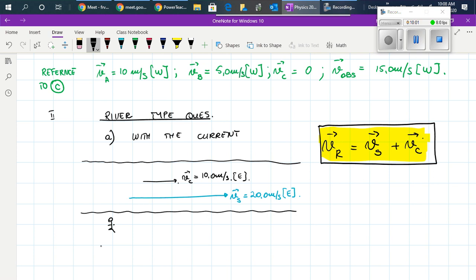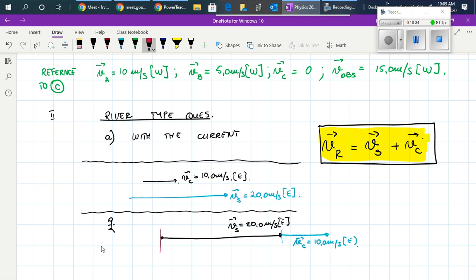Now, graphically, in this case, we will have a velocity of the swimmer that is 20 meters per second east, plus the velocity of the current that is 10 meters per second going east.